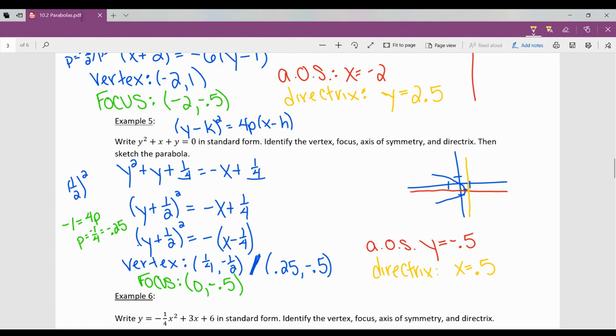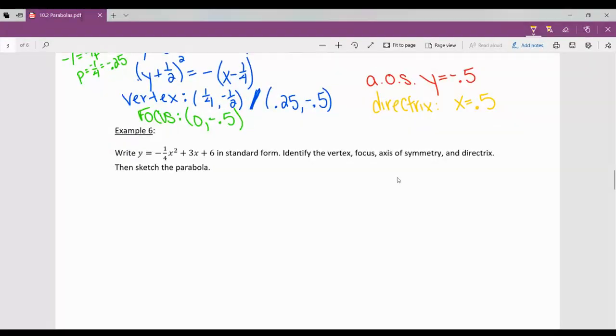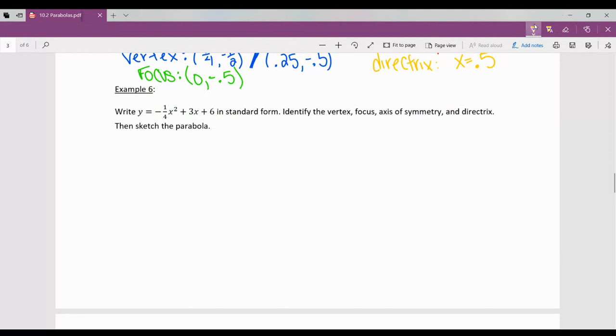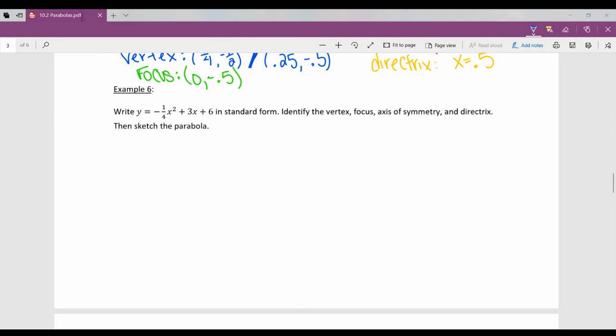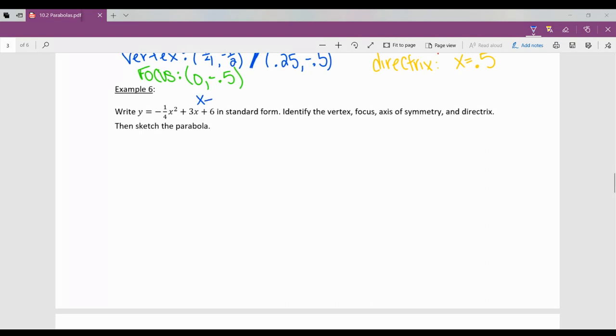Okay, so last one of these style. Switching back to my original. We've got x is being squared, so we're back at x minus h squared equals 4p y minus k. By the way, guys, I picked the hardest ones for the examples, so that we had fractions involved and crazy things like that.